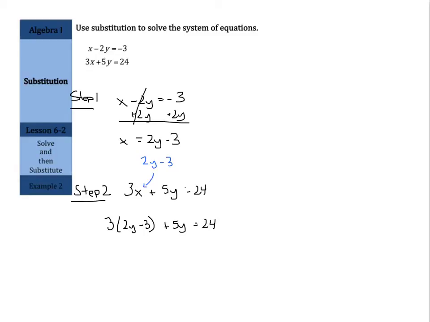And if this looks like a distributive property question, you'd be right, it is. We have 3 times 2y is 6y, minus 3 times 3 is 9, plus 5y equals 24. We can combine our 6y and our plus 5y to 11y minus 9 equals 24.